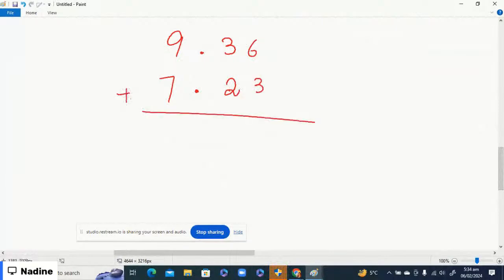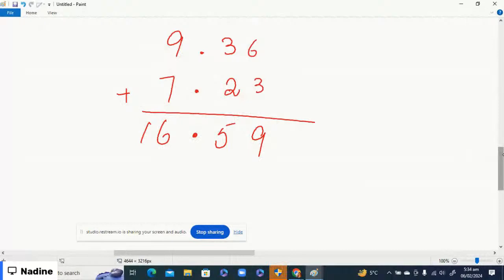Now adding 6 plus 3 is 9. We are putting it here. Then 3 plus 2 is 5. There is a point, so just putting the point. 9 plus 7, how much is that? That is 16. So this is 16.59. So here is your answer.